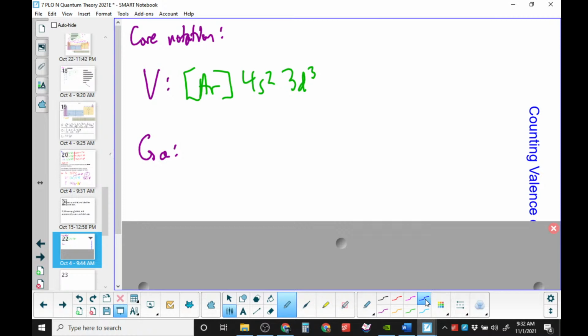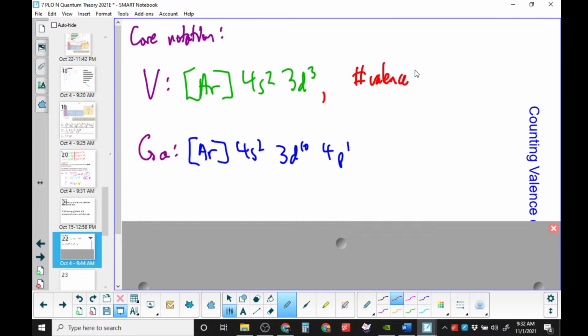Sam. For gallium. And beside all of them, number of valence electrons.